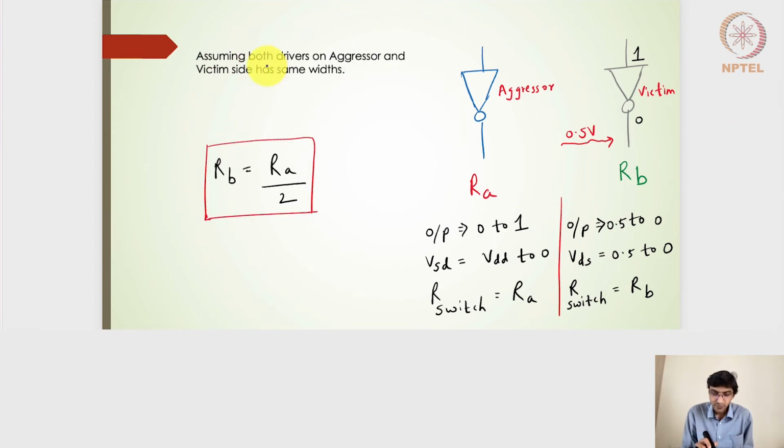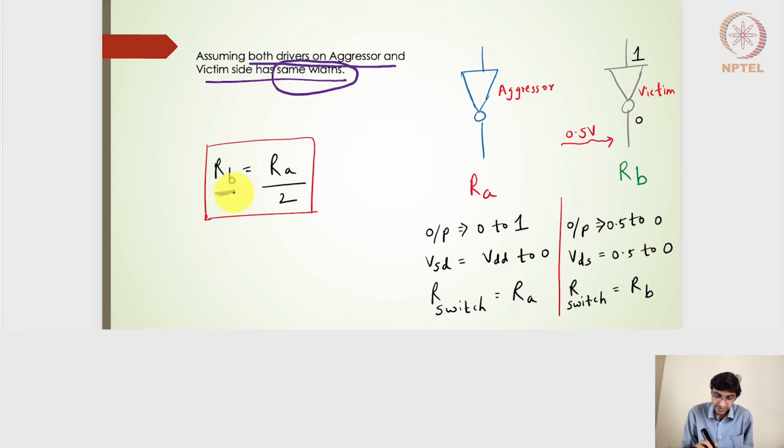Let's say both the driver widths are the same, so the aggressor and victim sides have the same widths, right? Just that the output voltage is different and thereby my VSD value and VDS value are different.